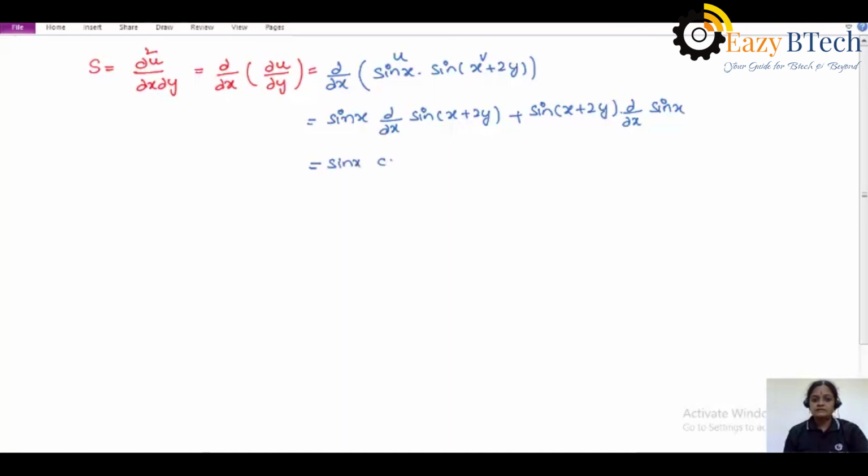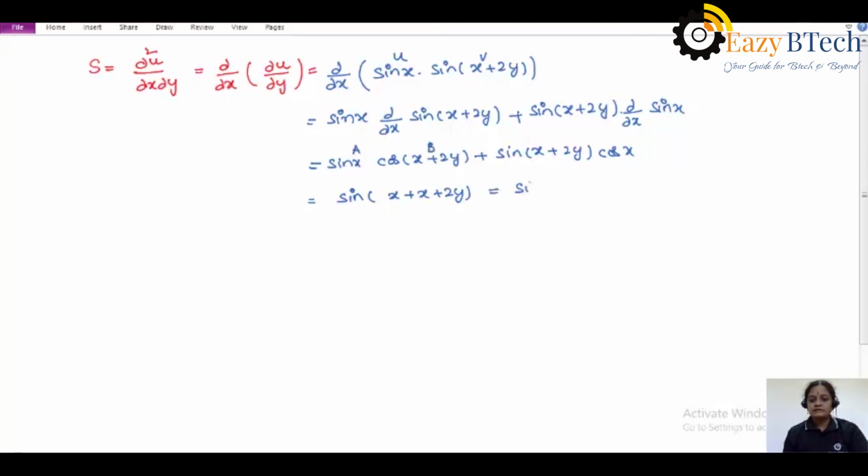Sin x, then sin differentiation is cos of x plus 2y, plus sin of x plus 2y, sin differentiation is cos x. Then using the trigonometric formula, sin a cos b plus cos a sin b is sin of a plus b, where this value is a and this value is b.